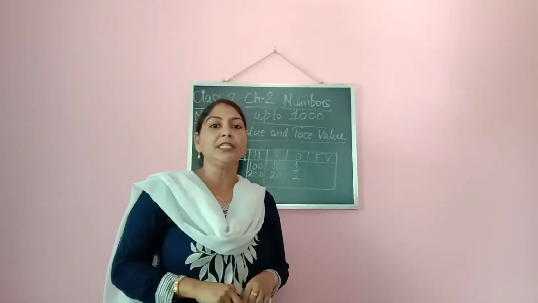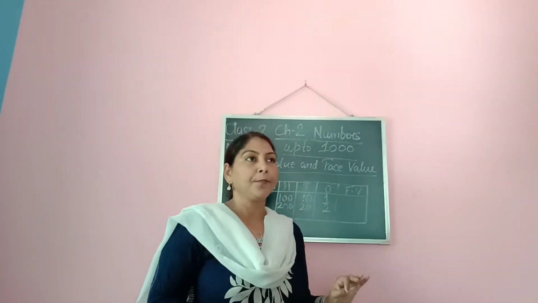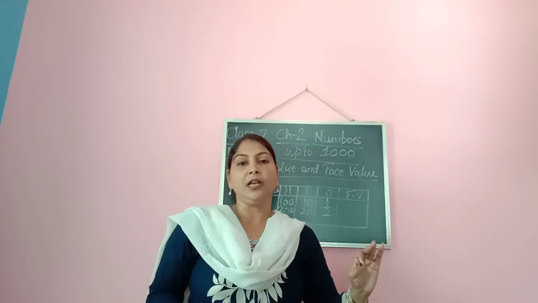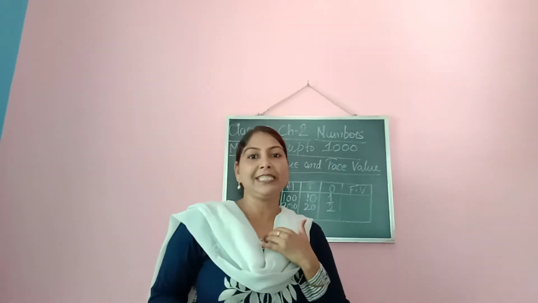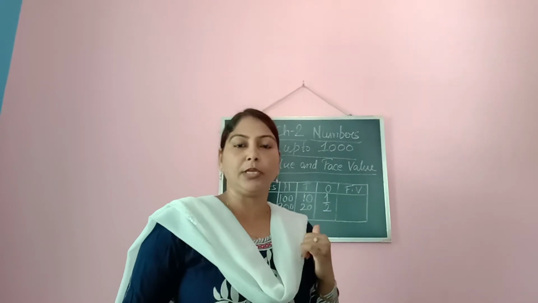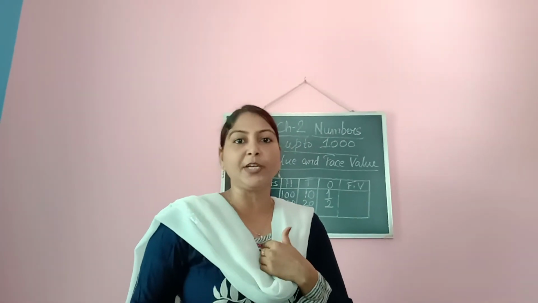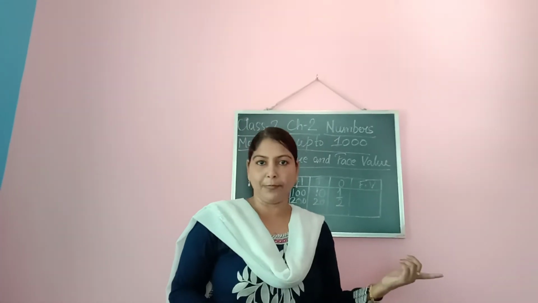Face value means the number itself. Now for example, if I show myself, then you will tell my name only. You will not tell anybody else's name. So looking at me, you will say I am Mamta ma'am. Okay.